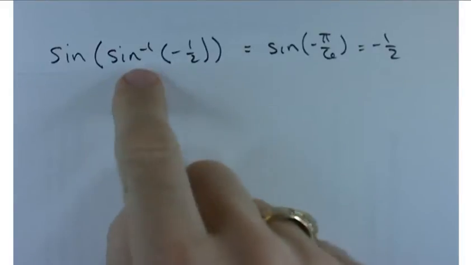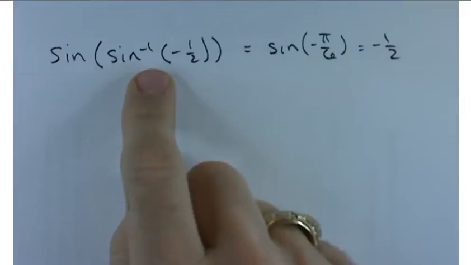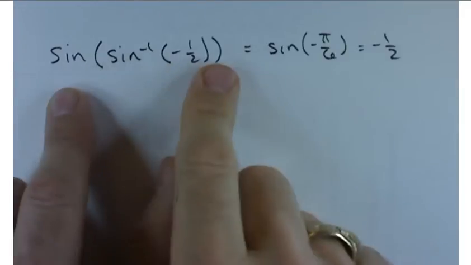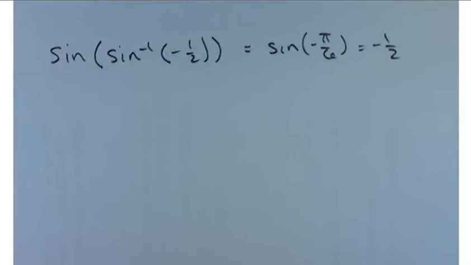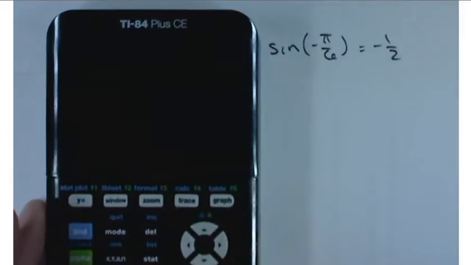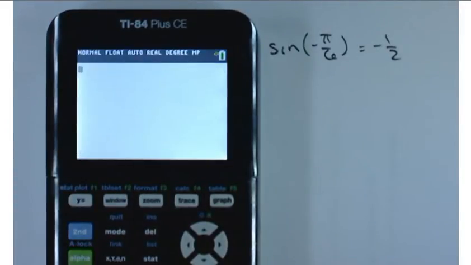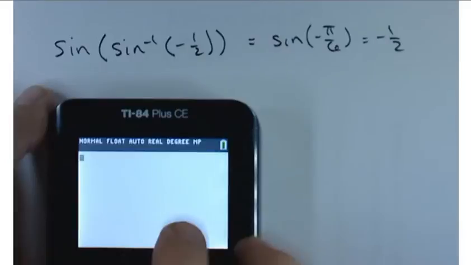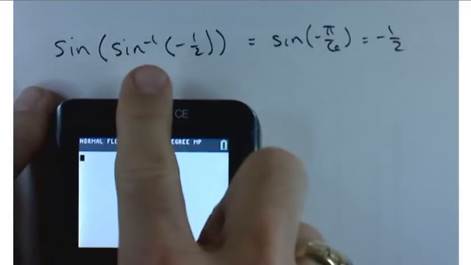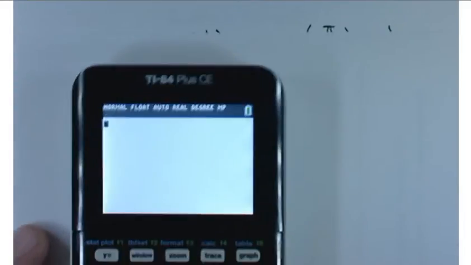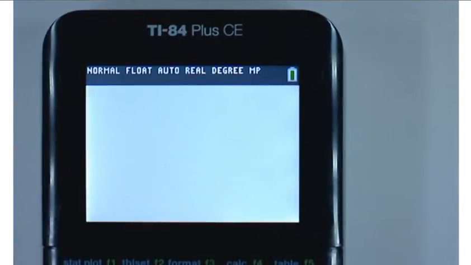But when you're going to calculate this, one way to do it is to start from the inside out. With your graphing calculators, the cool thing is that you can do it all in one go. So let's type in the sine of the sine inverse of negative 1/2 and see what we get.